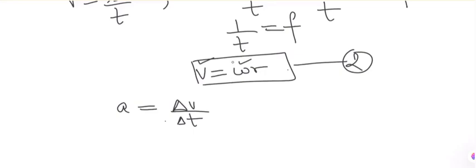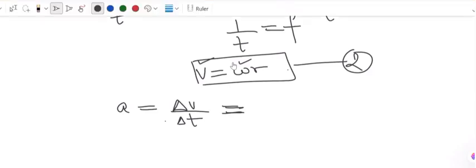Change in velocity over change in time, WR by T. Yeah, WR by T is also correct. But can we write del V over del T like this? We can even write it as V delta theta over delta T.